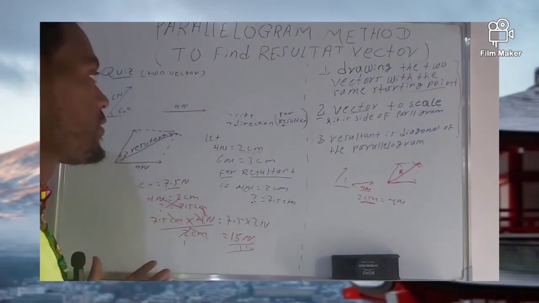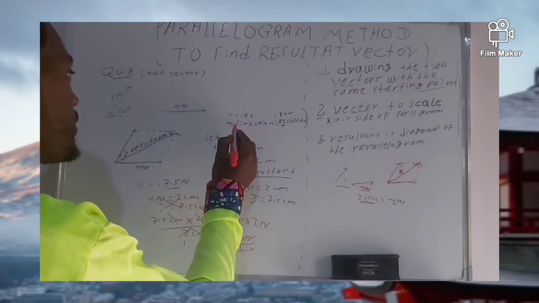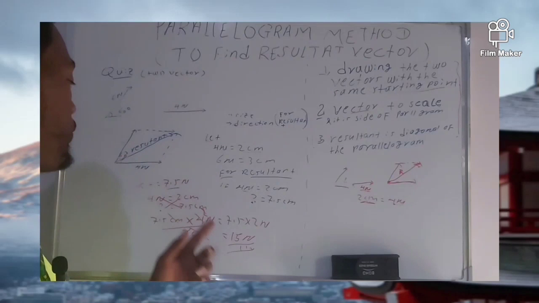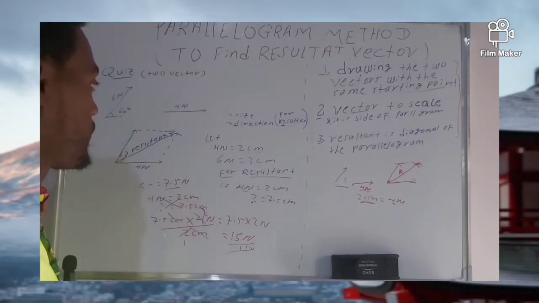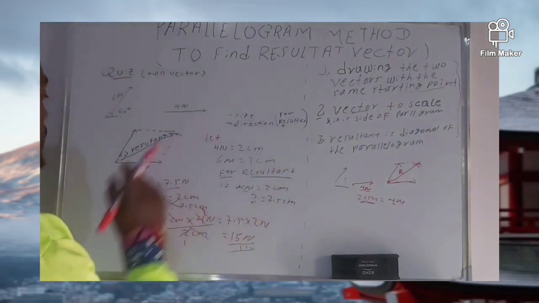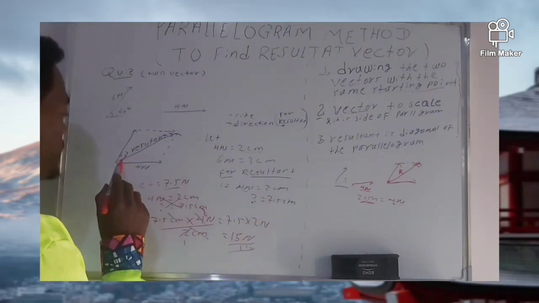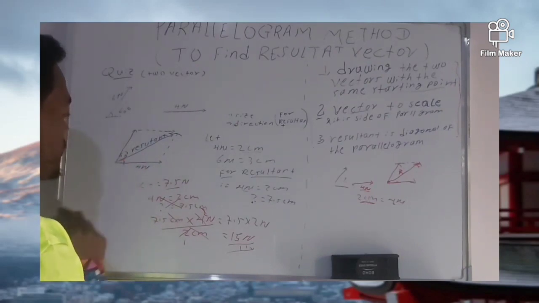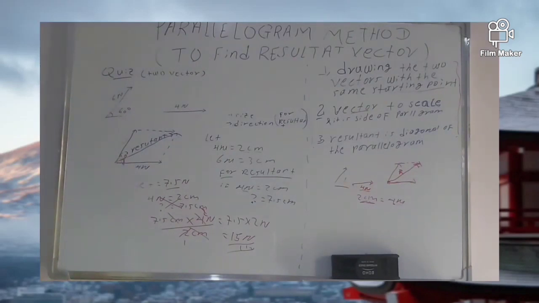Now, what is left? Finding the direction of our resultant. We now have the size of our resultant. To find the direction, using the instrument, we can get the value of the angle.